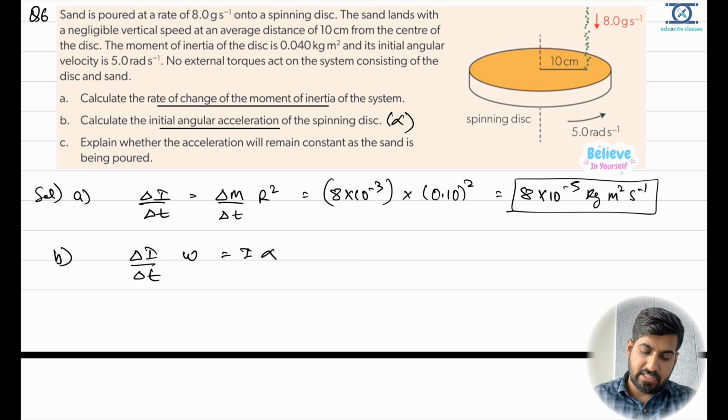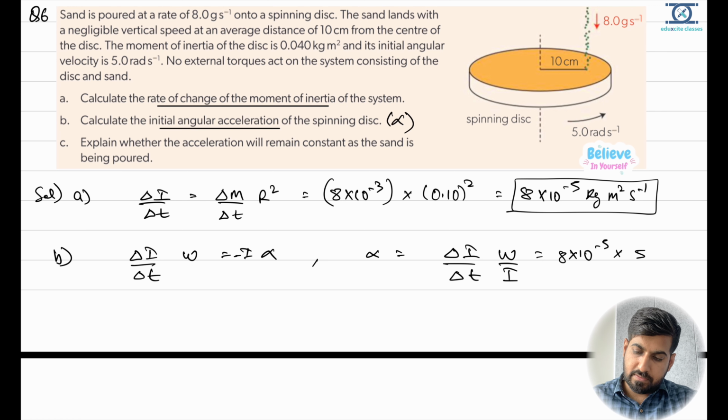This is the initial omega, that is 5 radian per second, upon the moment of inertia, which is 0.04. This is also given in the question. Initial angular velocity is 5 and this is the moment of inertia, right?